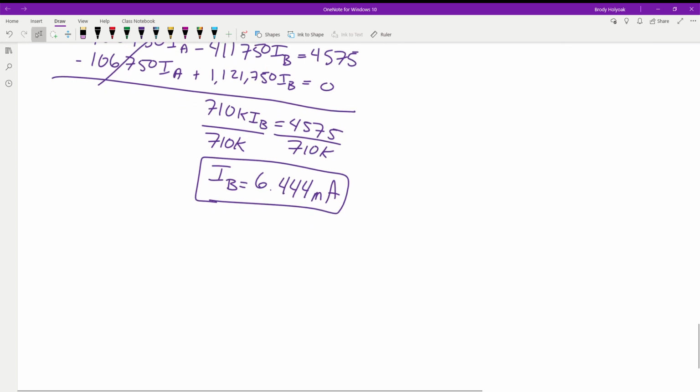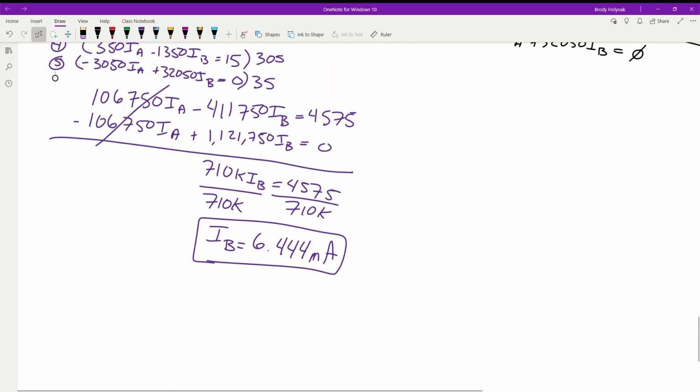So we're going to do the minus 3050 times IA plus the 32050 IB, which is 6.444 milli.